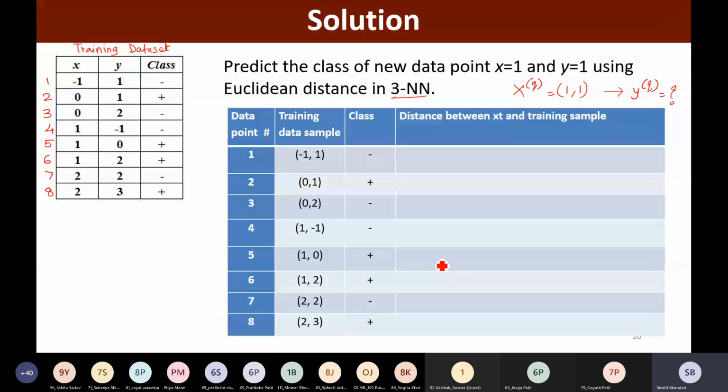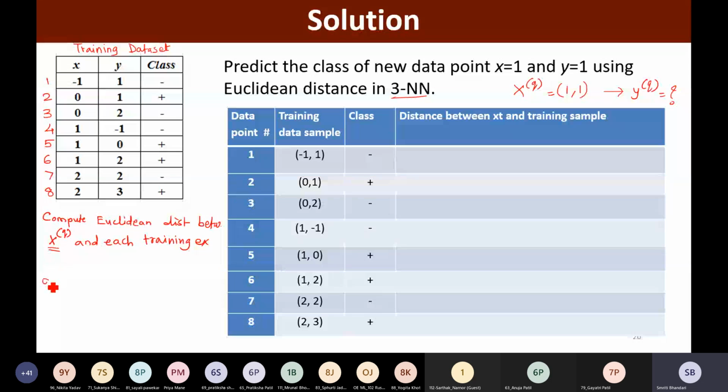So what we need to do is compute the Euclidean distance between our xq, that is the query example, and each training example. We have 8 examples, so we need to compute the Euclidean distance between our test sample and each training example.